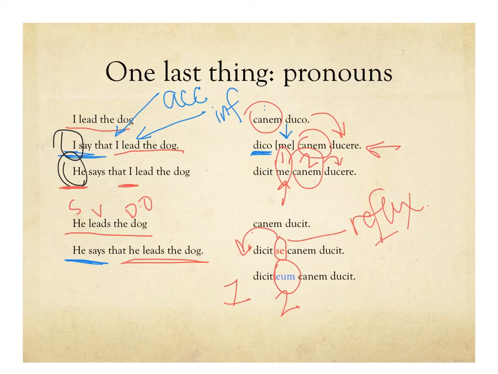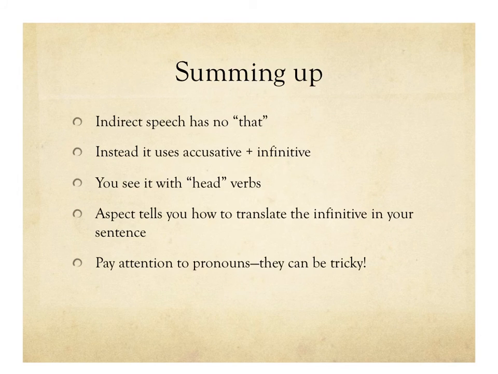Okay, so this is the difference between a reflexive pronoun, where this person is the same as the subject of the main sentence dicit, and eum, where it's a different person. Okay, so let's just sum up really. In English, indirect speech has the word that.